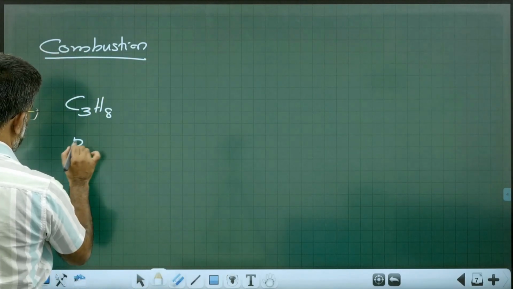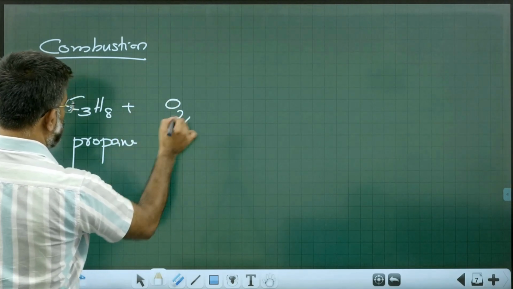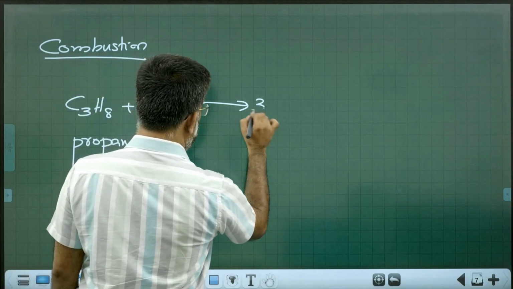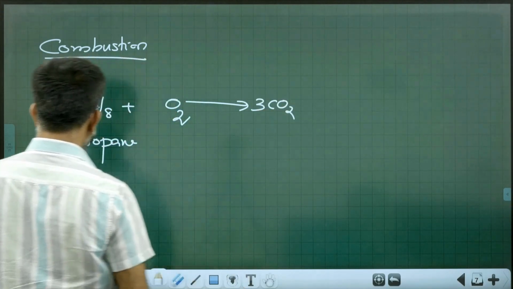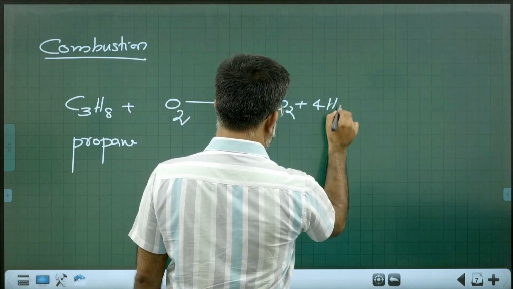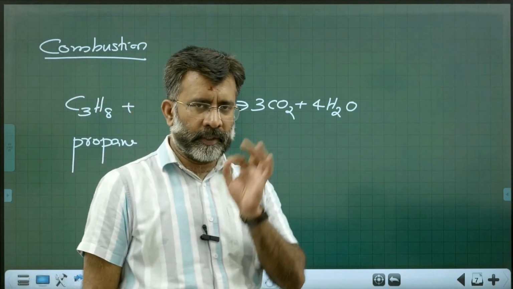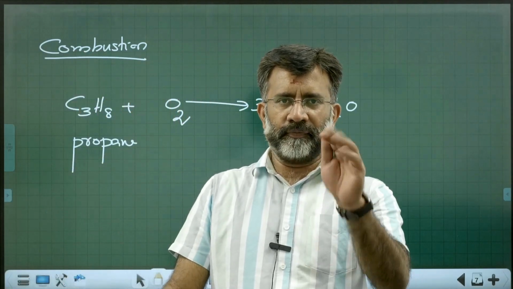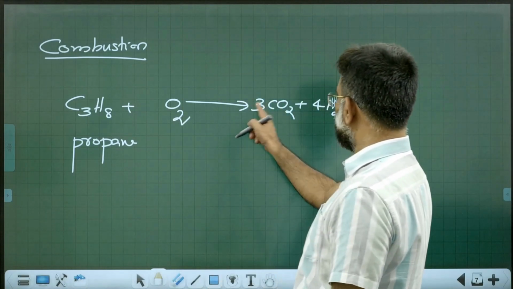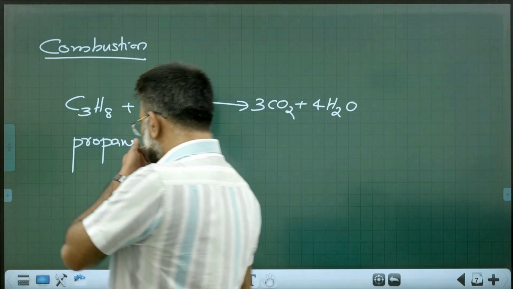C3H8, propane, is burned with oxygen, and for 3 carbon atoms you get 3 carbon dioxide, and for 8 hydrogen atoms you get 4 water molecules. So 1 mole of propane can give you 3 moles of carbon dioxide and 4 moles of water. Now how much oxygen? 3 into 2 is 6 oxygen, plus 4 oxygen, 10 oxygen.